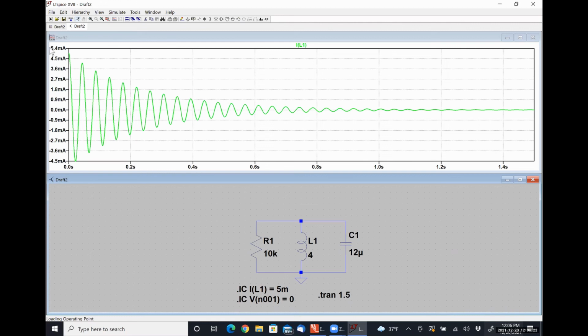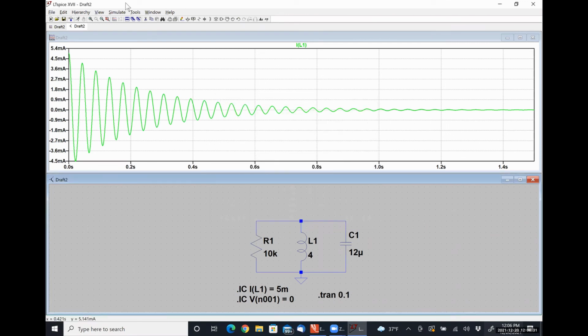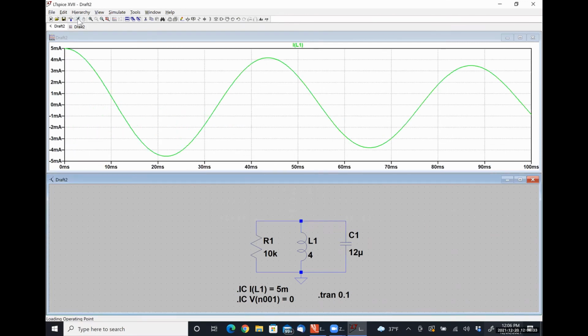So if I had something like this, where I did transient of 0.1, that isn't good enough because I can't see what it settles to, okay?